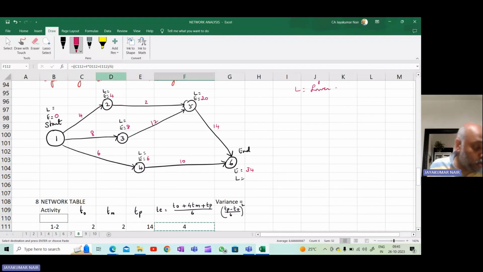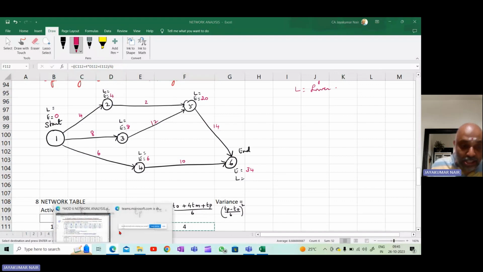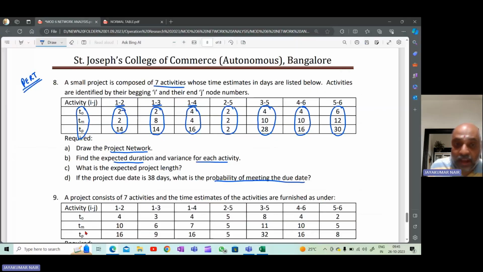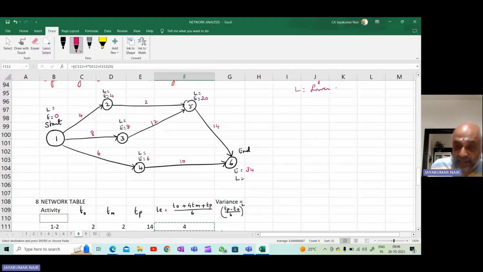It will take 34 days or months or whatever is given to you. In this case, I think it's days, because the expected times given are in days. So it will take 34 days.